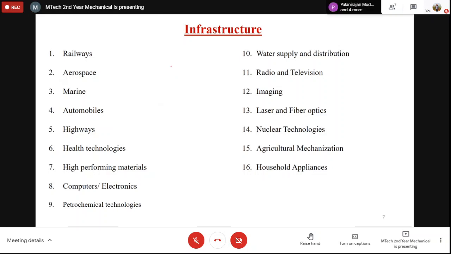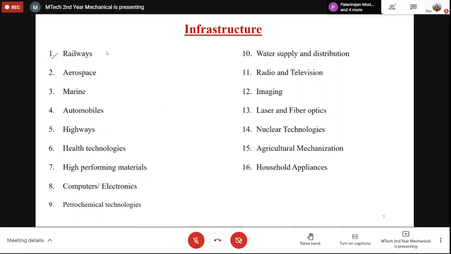If you go to railways, railway infrastructure is a very big infrastructure. The compartments and their manufacturing are there, and the rails are there. The rails are required to be joined through special welding techniques like thermit welding.